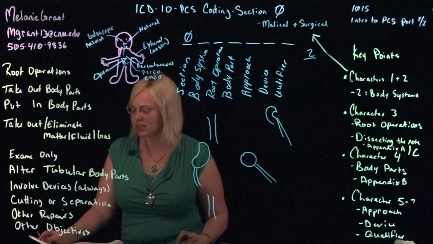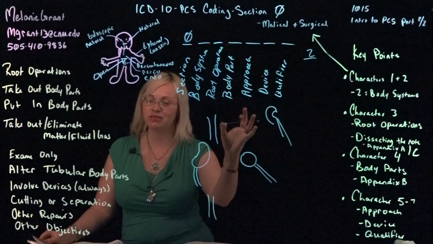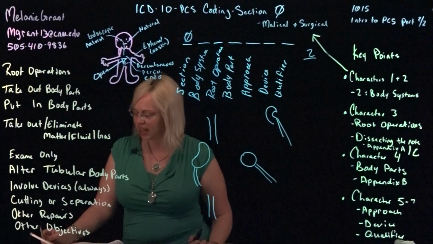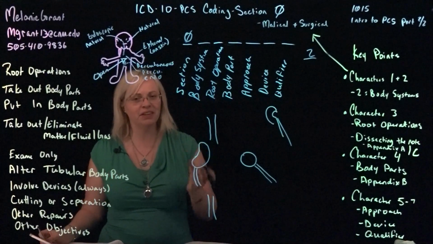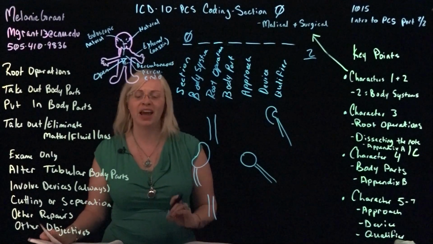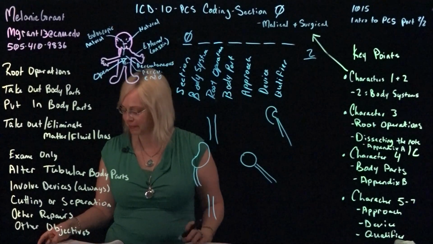So, anytime you see the term replacement, you want to remember that that's not the same as replacing a device, but rather replacing the body part. Revision and supplement. Supplement is basically keeping the body part but giving it a little boost of information, and then revision being to go in and fix something that was wrong with the device itself.